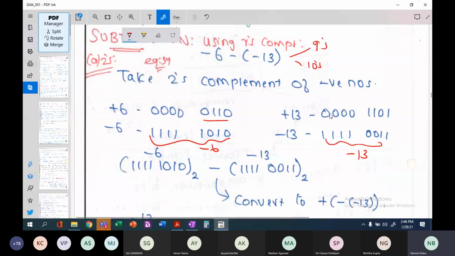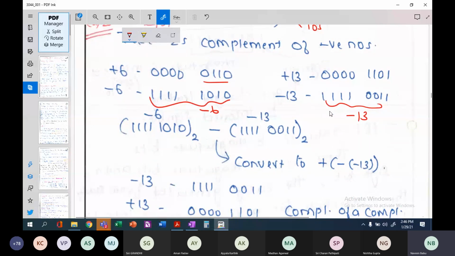Now normally what we do is subtraction by addition. If we do subtraction by addition, then this minus needs to be converted to plus, meaning if you create a plus here, then this has to be negated. I'll take another example: we do 5 minus 10 as 5 plus minus 10, right?